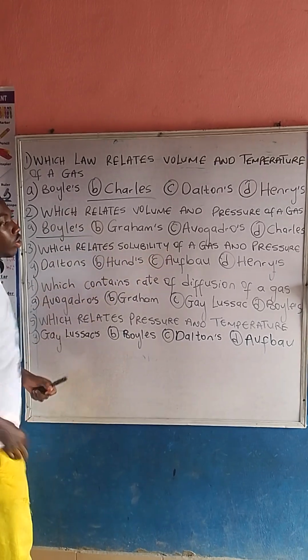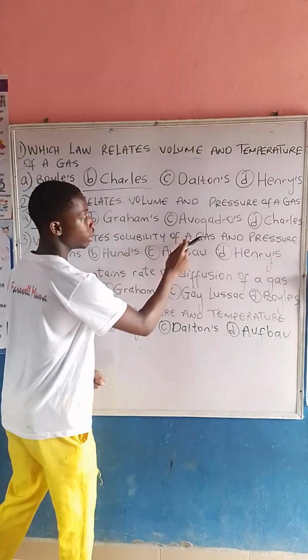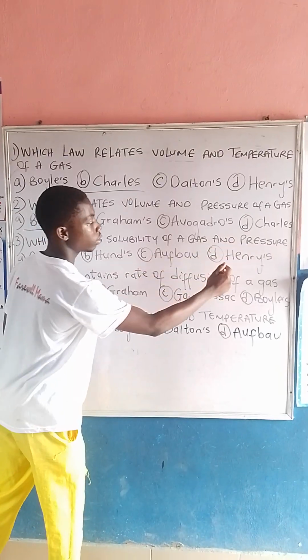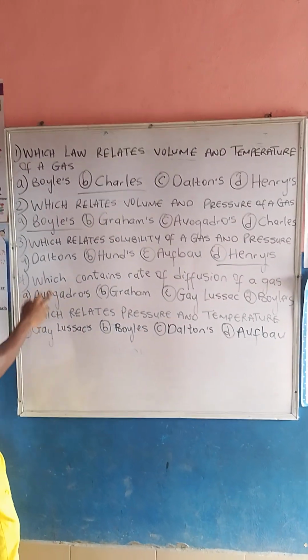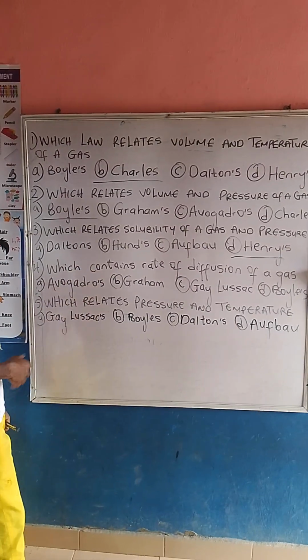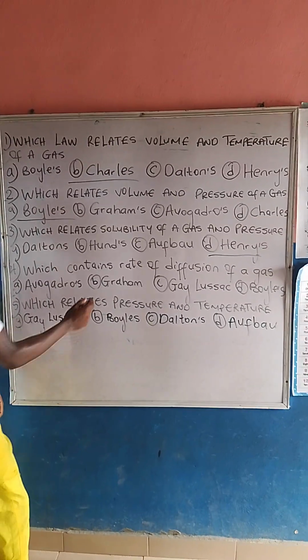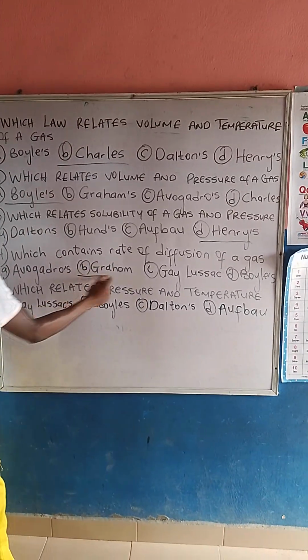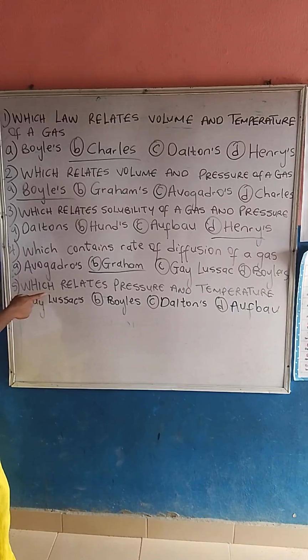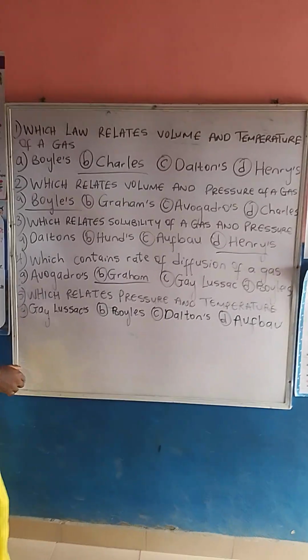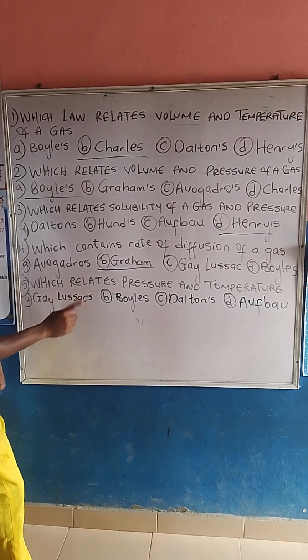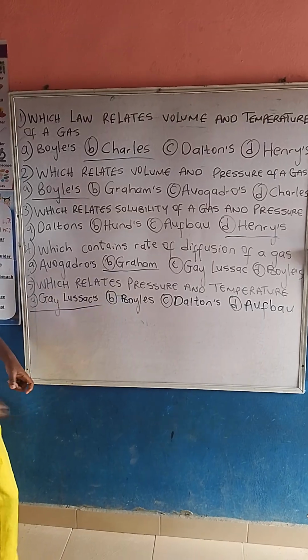Which law relates solubility of a gas and pressure? Henry's law. Which one is talking about rate of diffusion of a gas? Graham's law. And which relates pressure and temperature? Gay-Lussac's law.